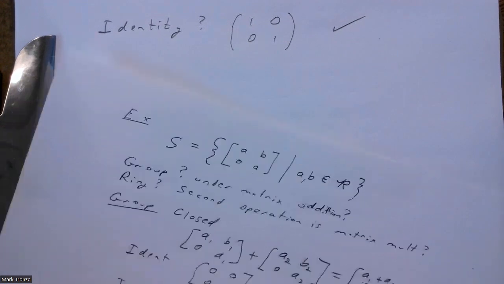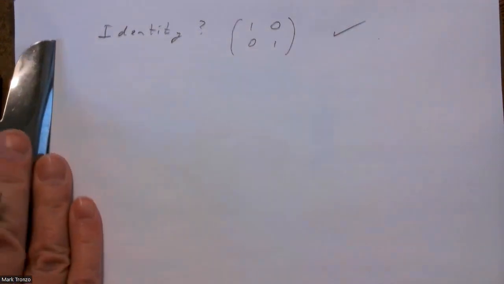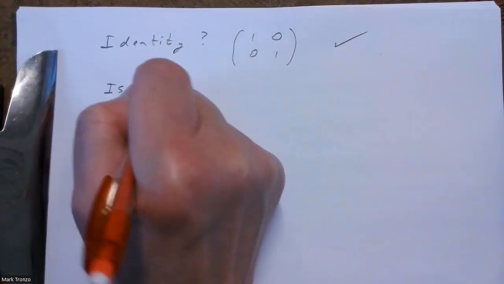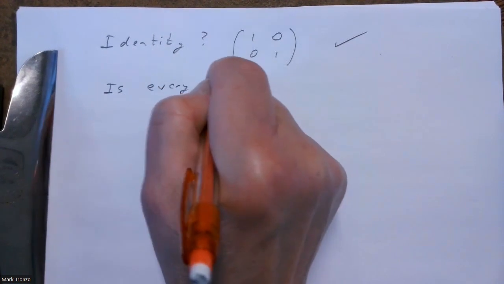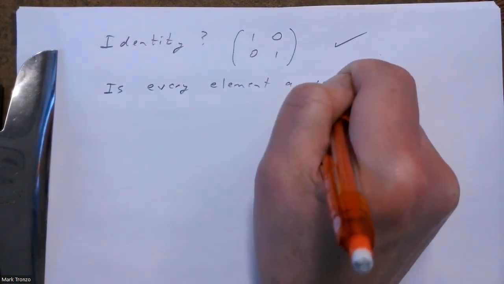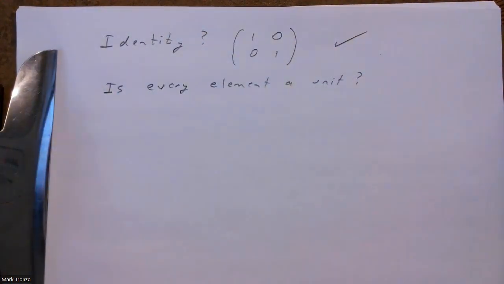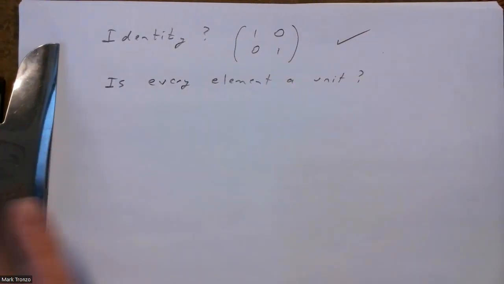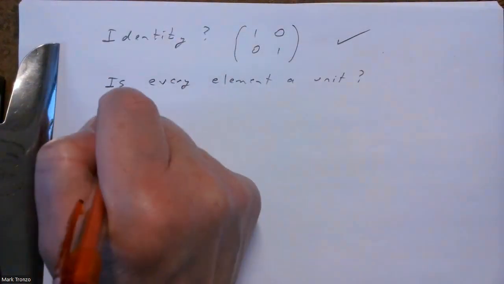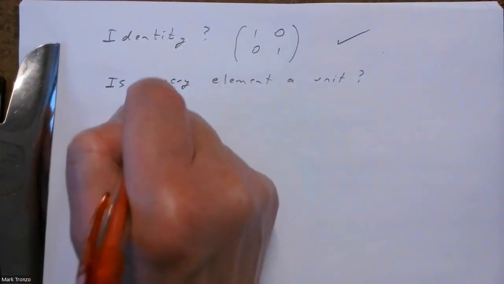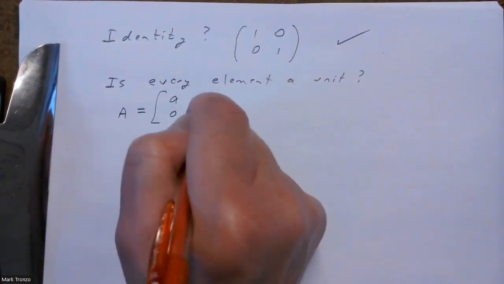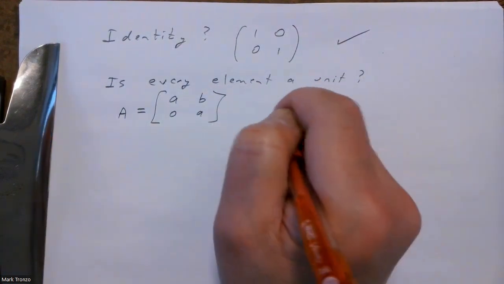And the other question is, is every element a unit? Again, if you haven't had linear algebra, I wouldn't expect you to remember this, but if you have, take a typical matrix A, [a, b; 0, a].